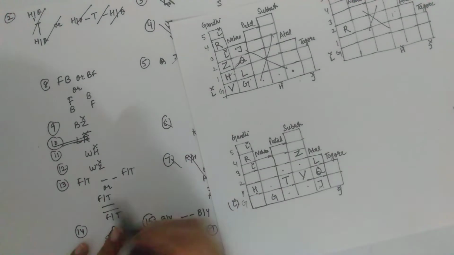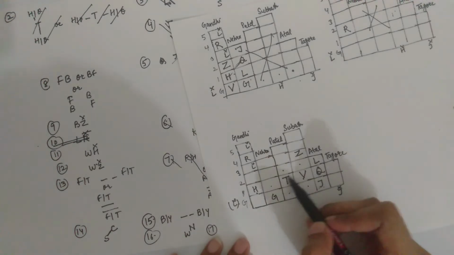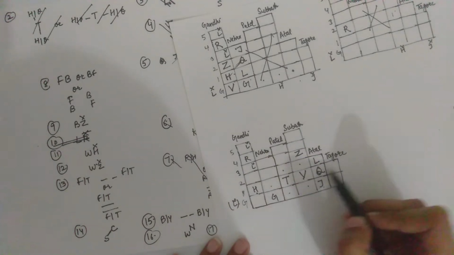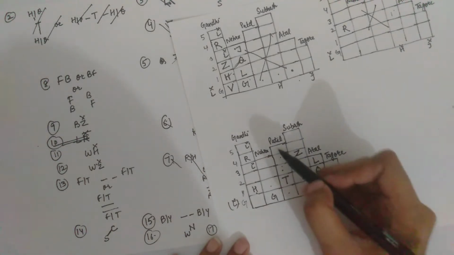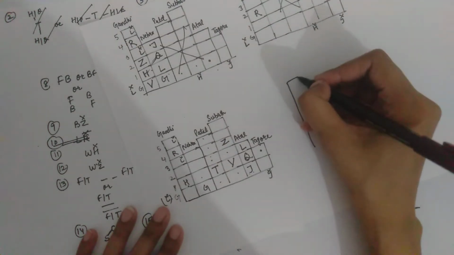Now see, F and T have 2 places between them. So here is T, 1, 2, F can be here, 1, 2, F can be here also. So we have to make one more case.